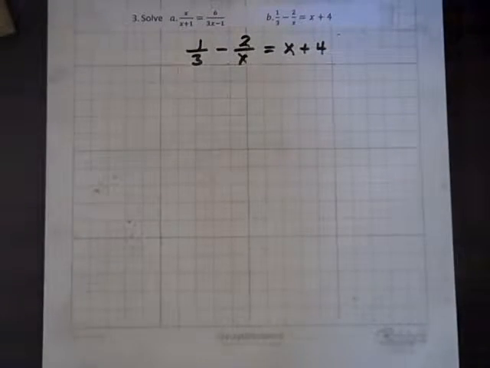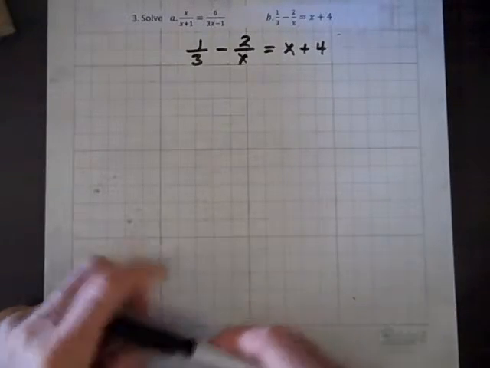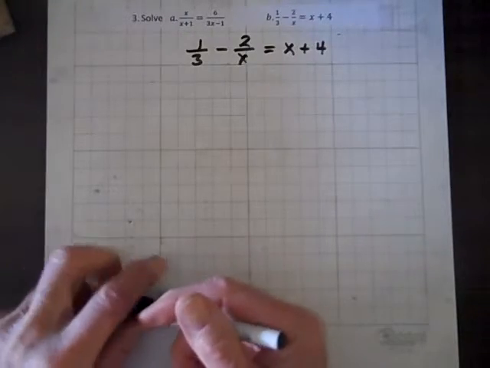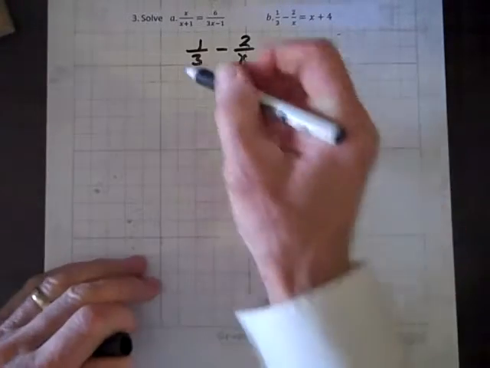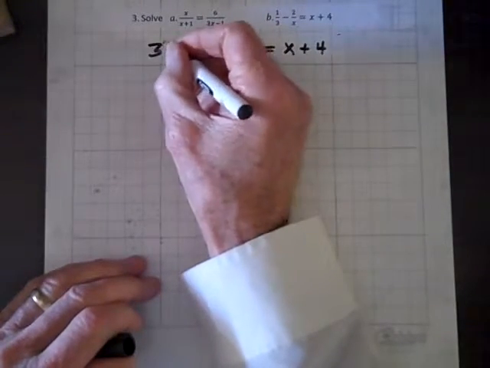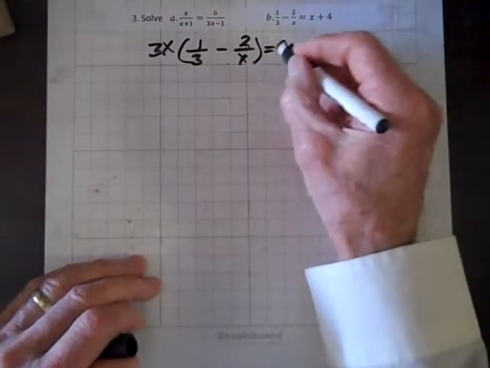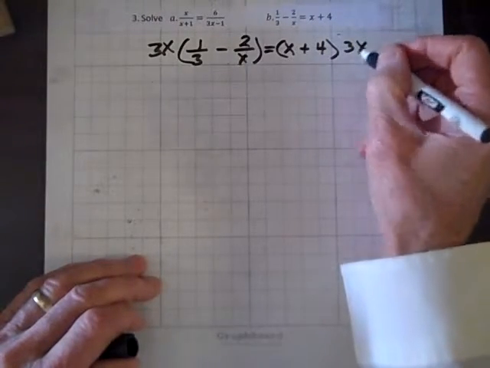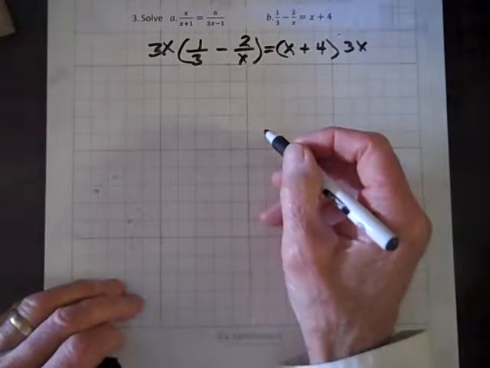Well, here we have another equation to resolve. And our first step will be to identify the common denominator when one considers every term, and that common denominator is 3x. And then we'll multiply both sides by that common denominator in order to eliminate the denominators.